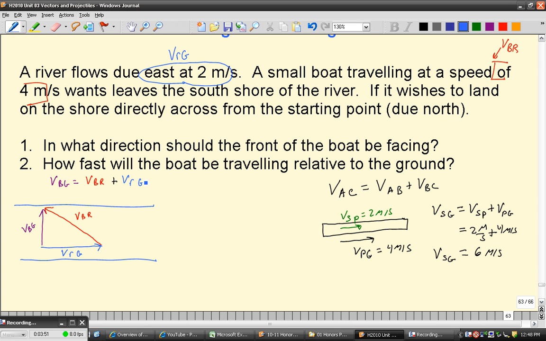It's just that they're vectors. Now, what we're really interested in is this angle right here. In other words, what heading would the boat have to have in order to go directly across?